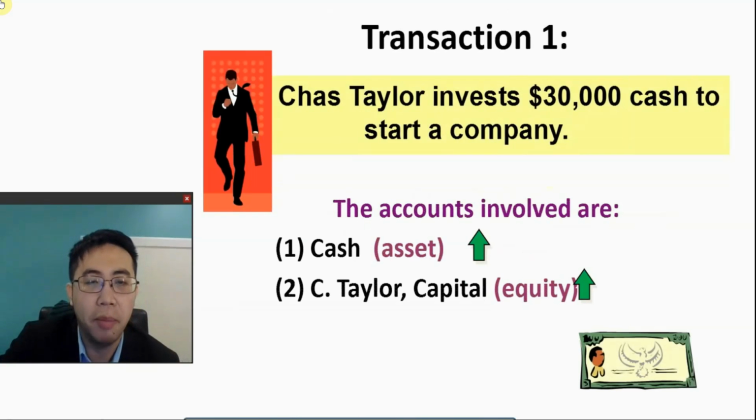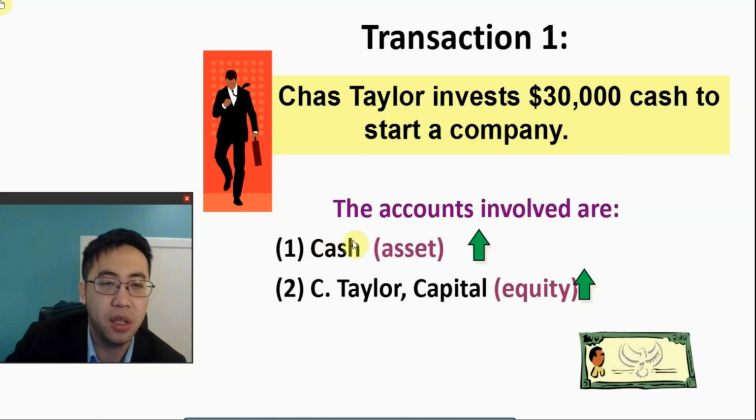On the company's financial statements, the cash increases and also Taylor's capital, or Taylor's investment as equity, increases by the same amount. So it's $30,000 cash being injected into assets and $30,000 of equity being raised. And you can see that here's assets, here's equity, 30,000, 30,000, and they equal each other.